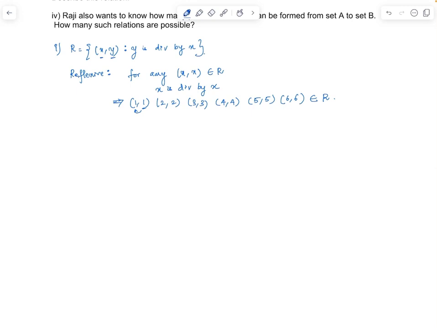The same way, 6 is divisible by 6. So, which is following the rule. So, these ordered pairs are there in R. Therefore, R is reflexive.